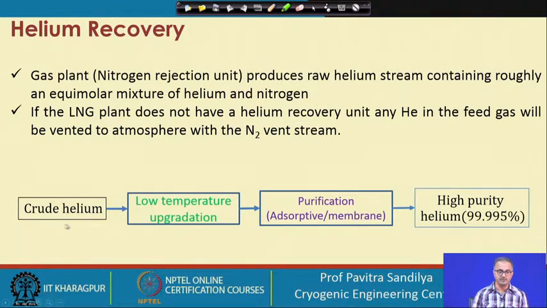By recovery, we mean that the crude helium is first upgraded by a low temperature method, and then further purified using either adsorption or membrane processes, so that we can get very highly pure helium gas.